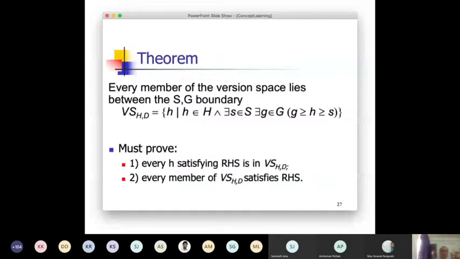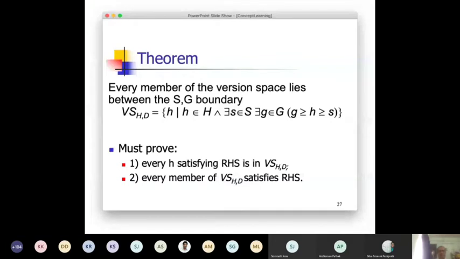So there is a theorem about the version space. It just mentions the definition of version space, that it is the set of all consistent hypotheses.